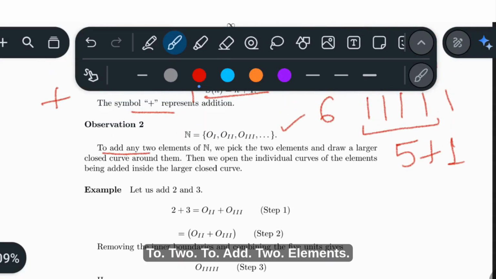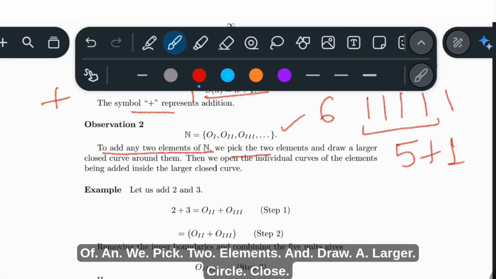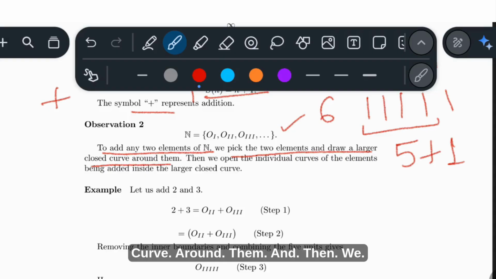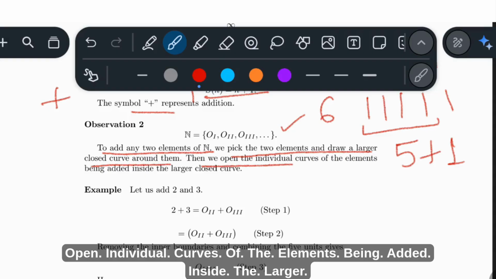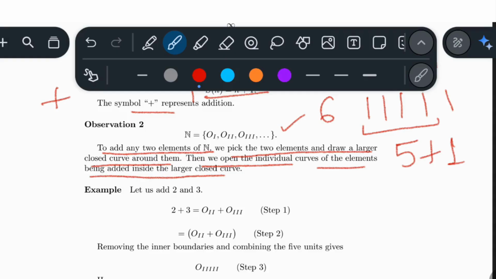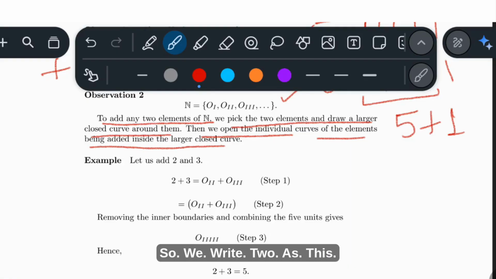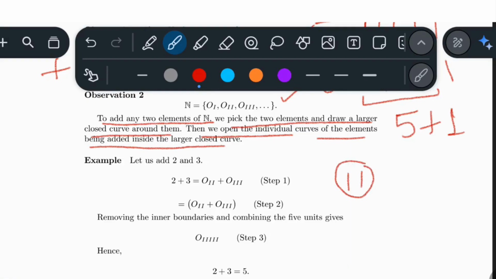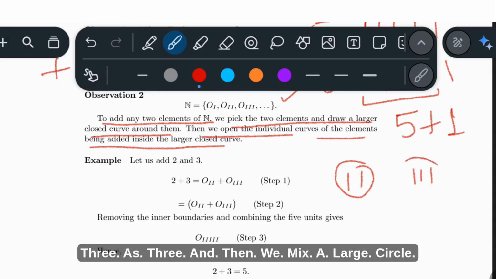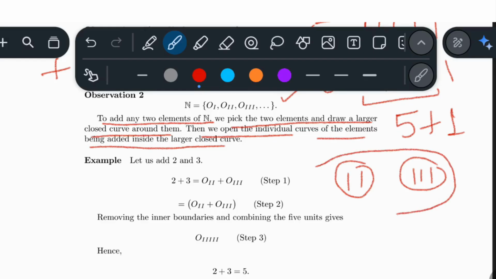To add two elements of N, we pick two elements and draw a larger circle, a closed curve, around them, and then we open the individual curves of the elements being added inside the larger closed curve. Let's say we have to add 2 plus 3, so we write 2 as this, 3 as this, and then we make a large circle.